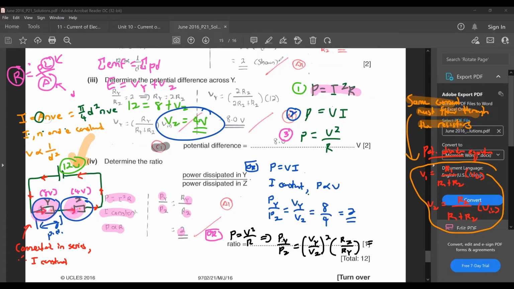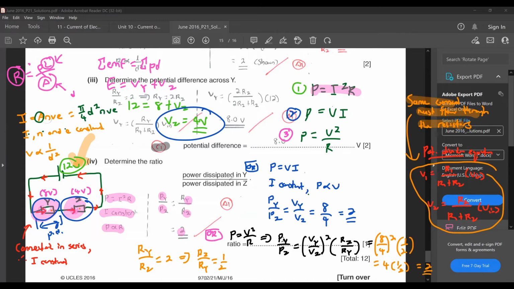So eventually, Vy was 8, Vz was 4, you square it, and then the ratio of Rz to Ry. You know that just now Ry to Rz is 2, so Rz to Ry is going to be half. So this will be 4 times half equals 2.